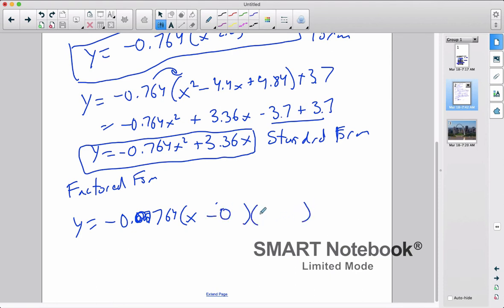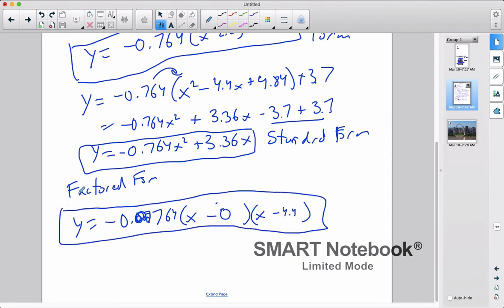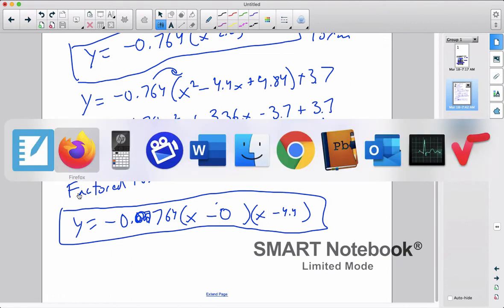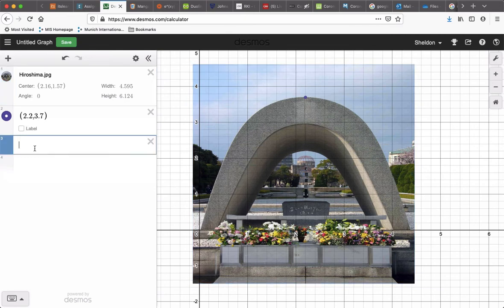One x-intercept is 0, the other x-intercept is 4.4, so this is the answer in factored form. Okay, now let me write that down. I'll write down standard form: y equals negative 0.764x squared plus 3.36x.